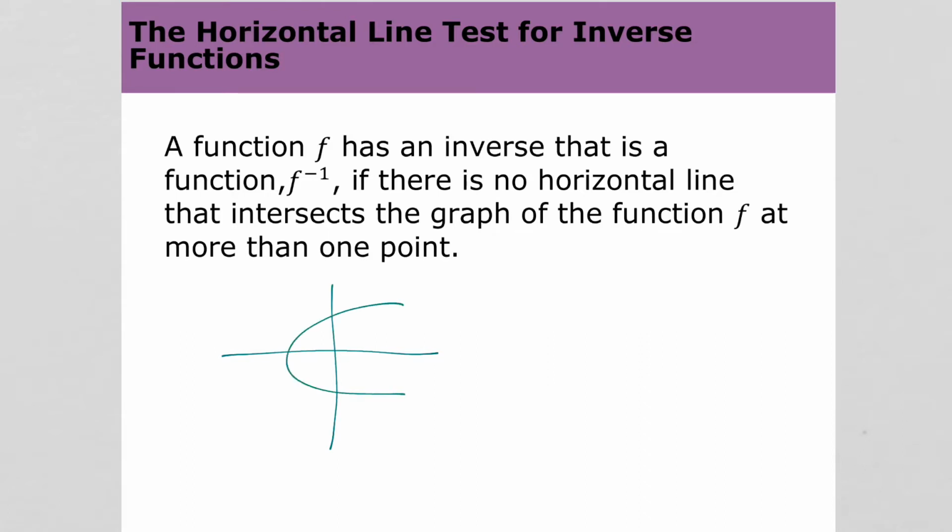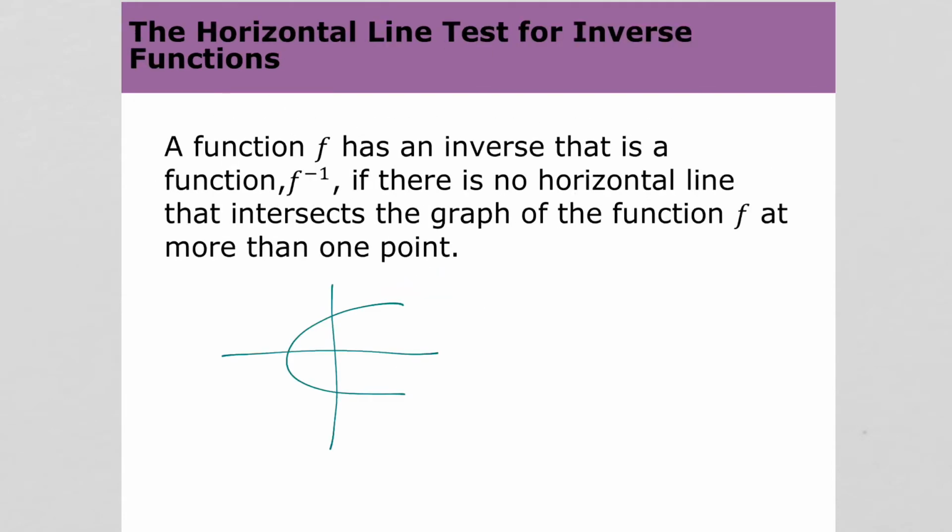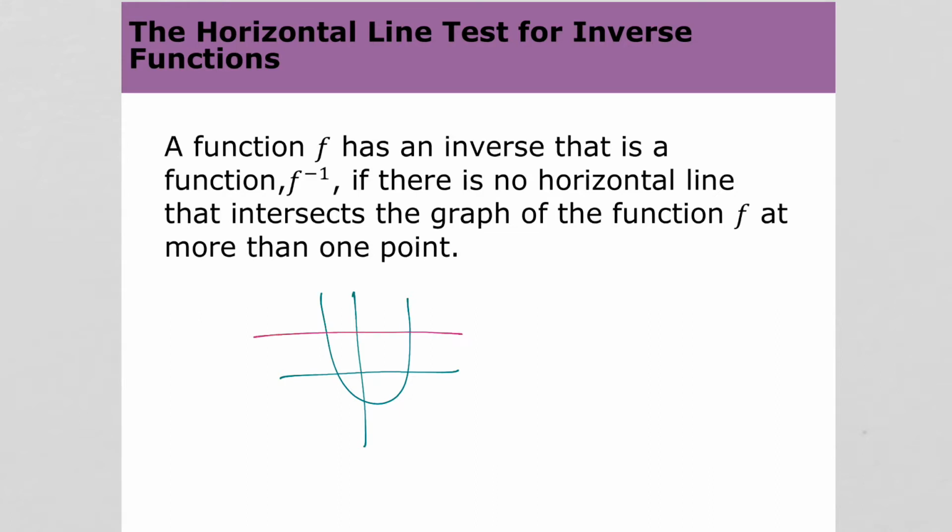So this function was not one-to-one. It does not have an inverse because if we draw a horizontal line through it, it hits more than once.